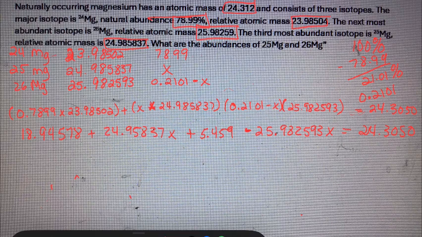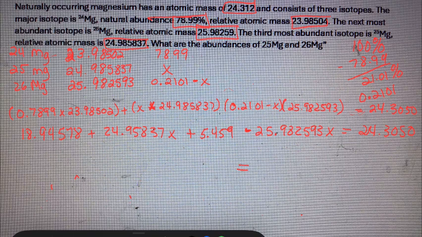All right, so let's subtract everything from that other side, because we need to get rid of it on the left side. So we're going to subtract 18.9578, and we're going to subtract 5.459.